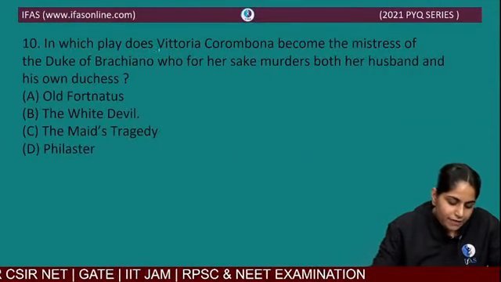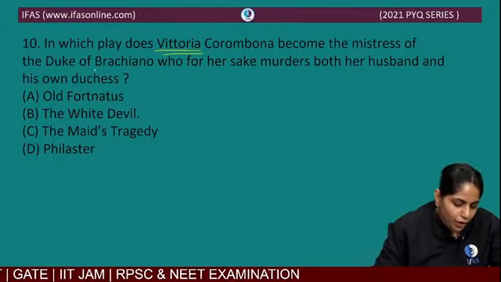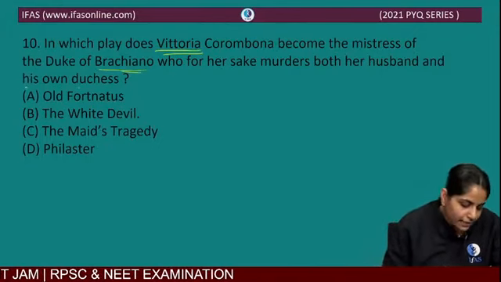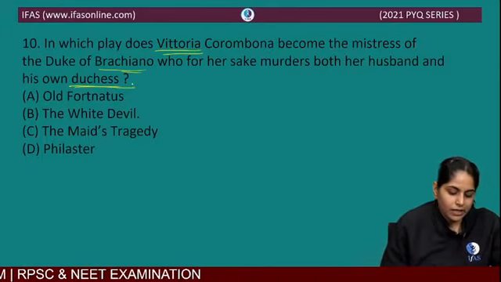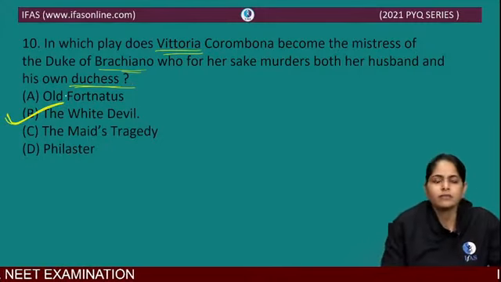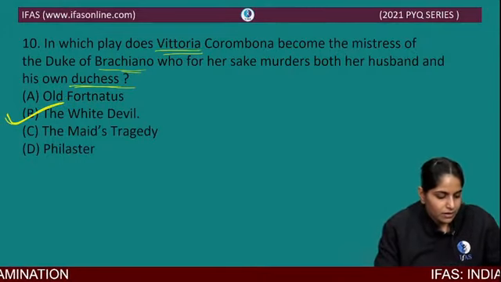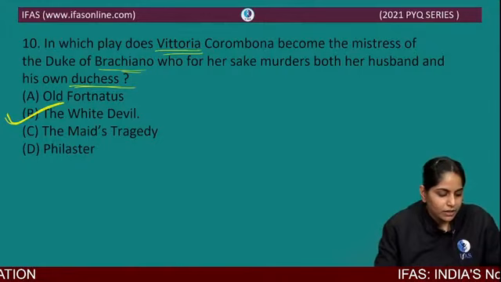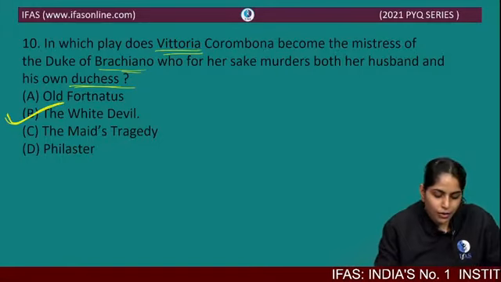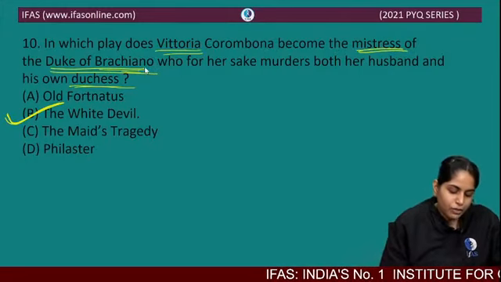Now let's look at the next question. In which play does Vittoria Corombona become the mistress of the Duke of Bracciano, who for her sake murders both her husband and his own duchess? In which play is this whole scene there? In The White Devil. In the play The White Devil, okay, you will see that there is a person named Vittoria Corombona who becomes the mistress of the Duke of Bracciano.